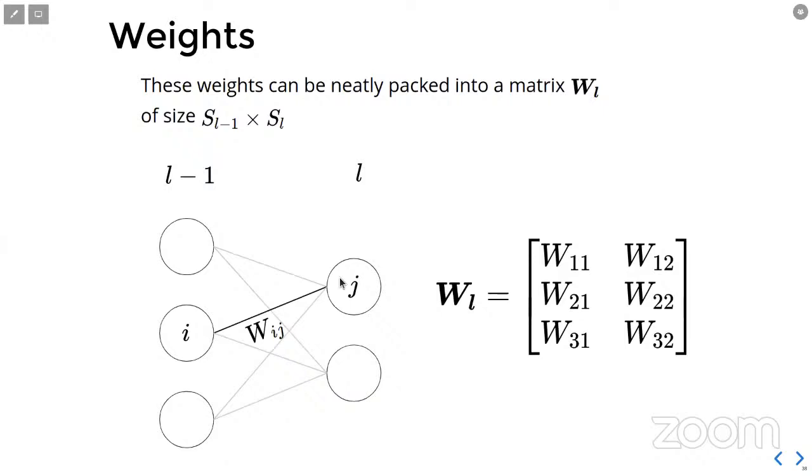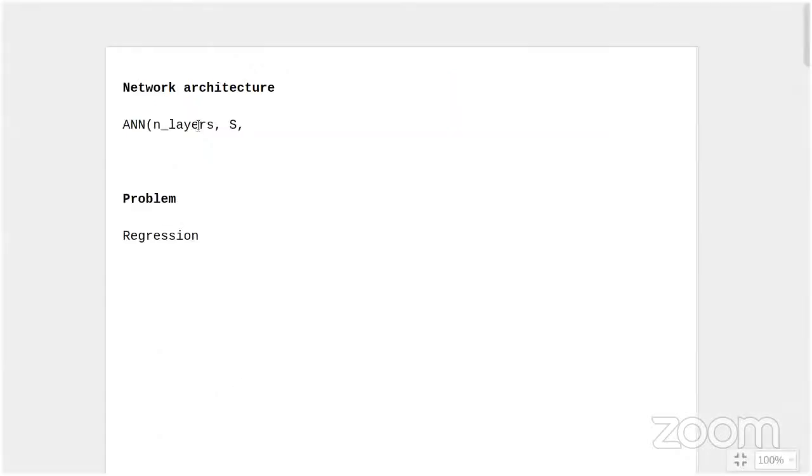So it's good that you brought this up. If you look at the implementation, which I don't know if we'll do today or on Saturday, we use a Python list S to denote the number of neurons in each layer. So for example, S of 0 will be the number of neurons in the input.